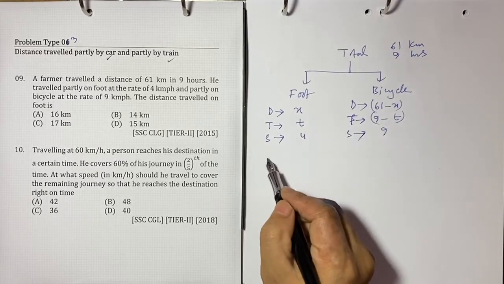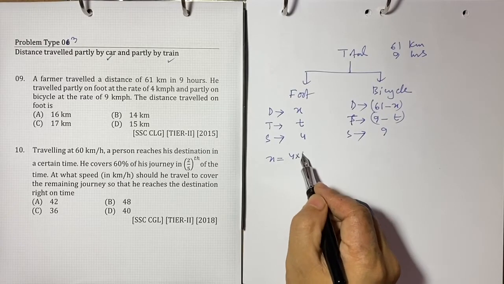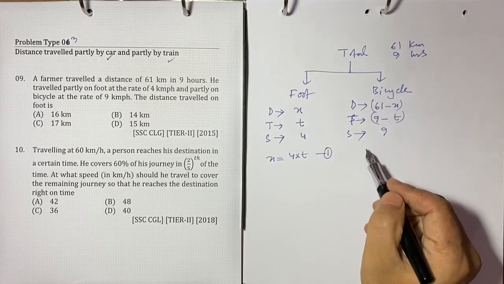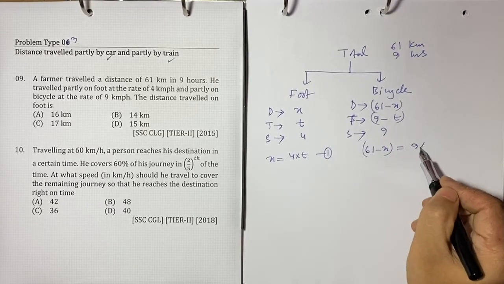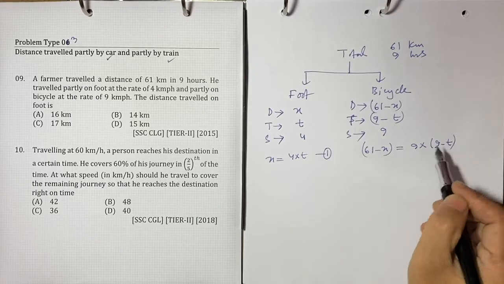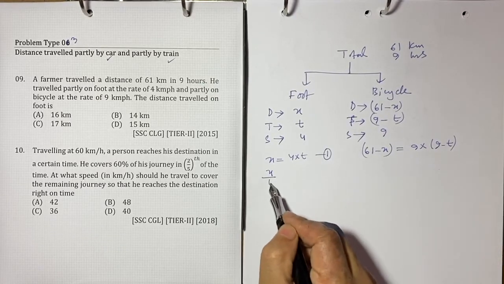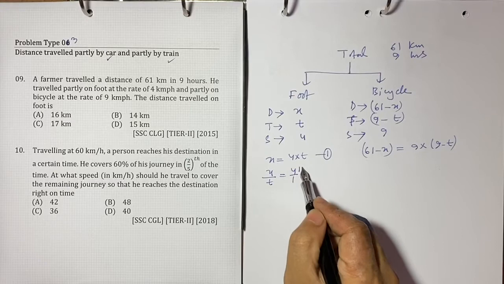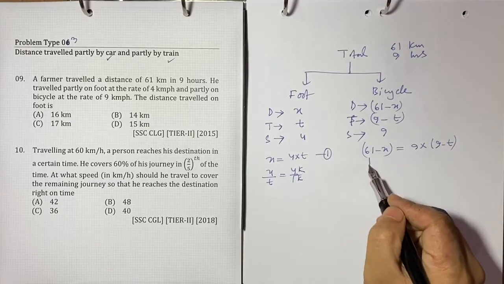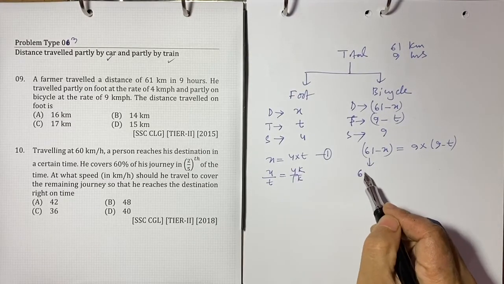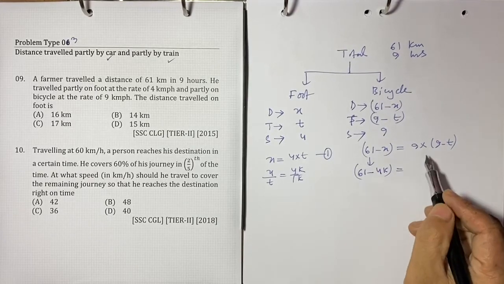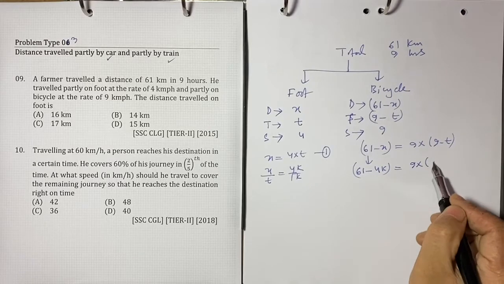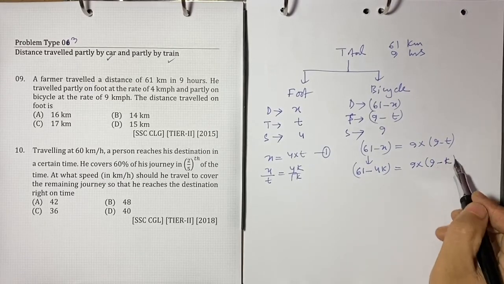The formula: distance equal to speed into time. Distance is 61 minus x, speed is 9 into time 9 minus t. So in ratio, x by t equal to 4 by 1, that is 4k. So 61 minus x becomes 61 minus 4k, and 9 into 9 minus t, I will simply write as k.